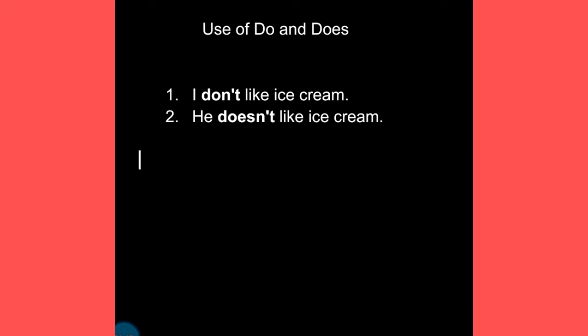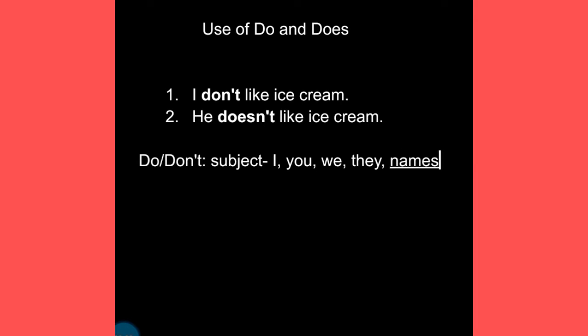For example, do, or while making negative sentences, don't, has to be used when the subject is I, you, we, they, or names in plural number.